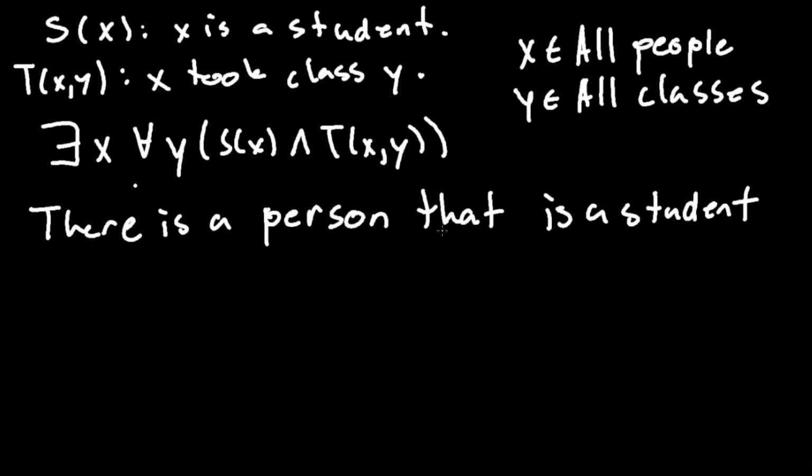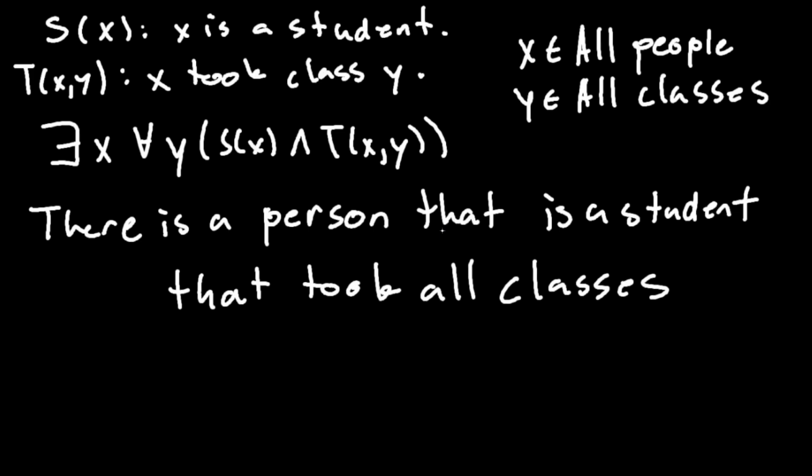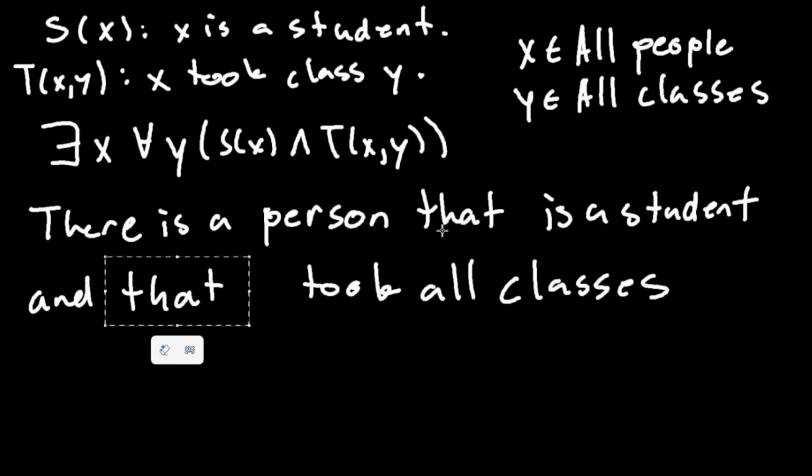Because we have the for all quantifier right here. So there is a person that is a student that took all classes. And if we wanted to include the and, we could just say there's a person that is a student and that person took all classes.